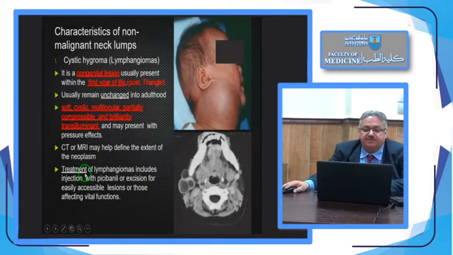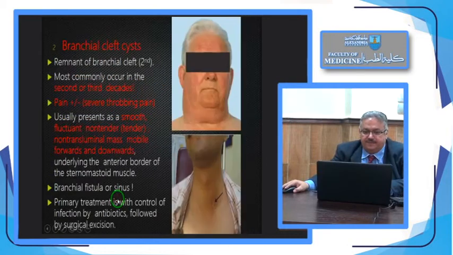Treatment of cystic hygromas includes injection sclerotherapy, or excision of easily accessible lesions, or those affecting vital functions. Because if it is affecting vital structures, the injection is very hazardous.